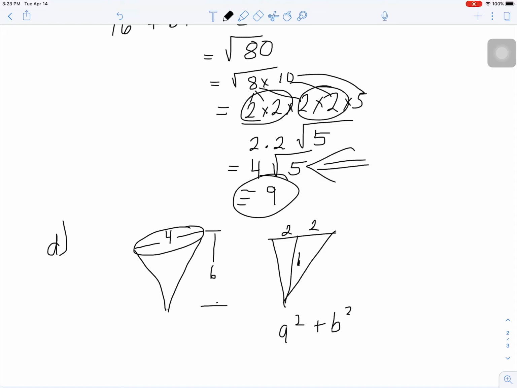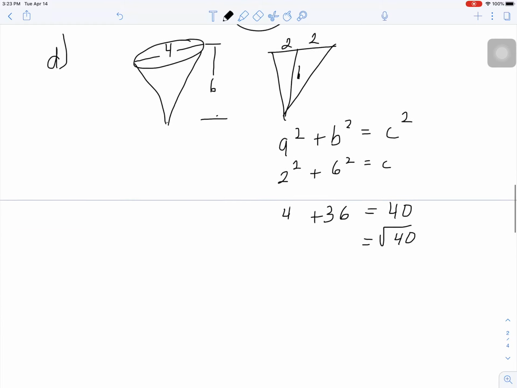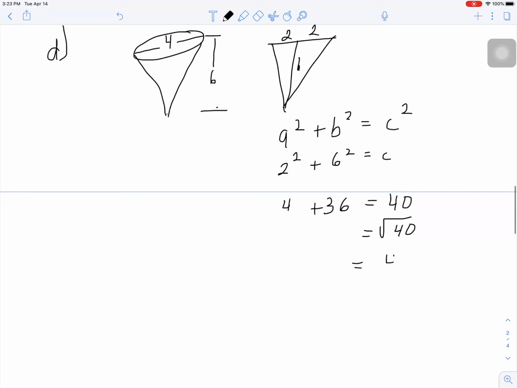So we know that our a squared plus b squared is going to equal our slant, or c squared. So we get 2 squared plus 6 squared equals c squared, and that would be 4 plus 36 equals 40. And then we have to do the square root of 40. Now remember, we can break this down, right? So it's 4 times 10, or break that down further, 2 times 2 times 2 times 5.